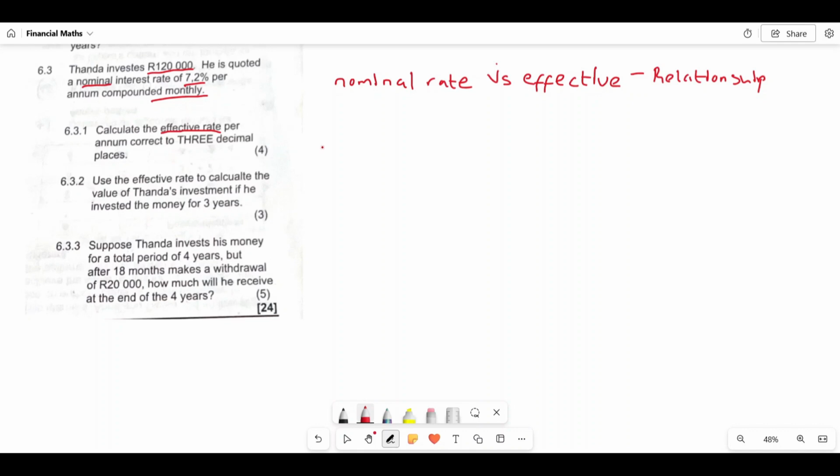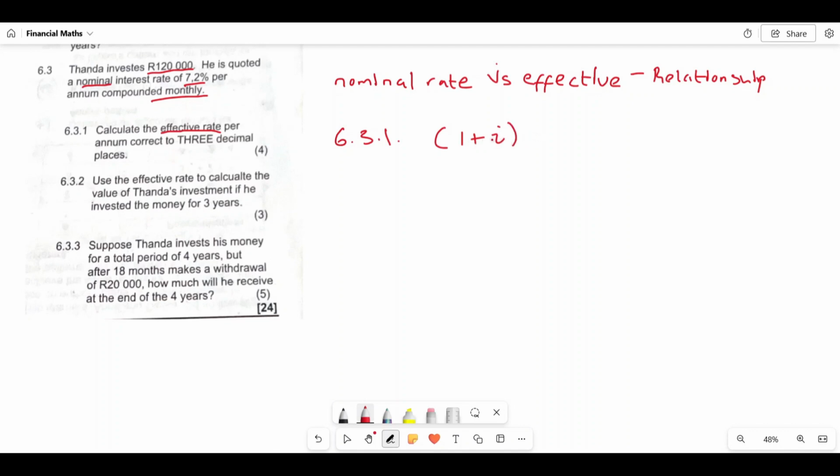So the formula to get the effective rate would be given by, for 6.3.1, I guess most of us, if not all, know this formula.